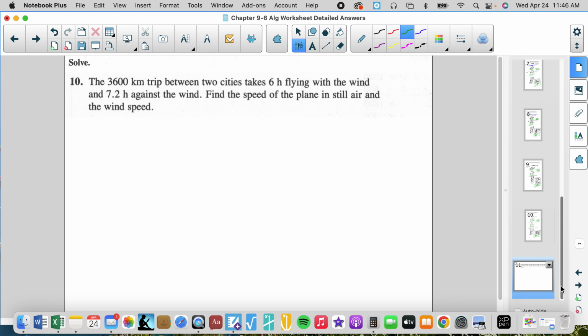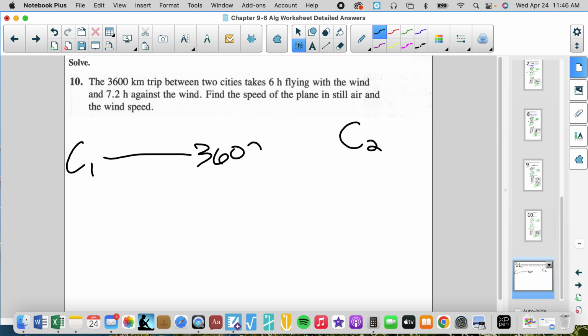Nope, but this is. The 3,600 kilometer trip between 2 cities takes 6 hours flying with the wind and 7.2 against the wind. Find the speed of the plane in still air and the wind speed. All right, nothing different. City 1, city 2. That distance is 3,600.